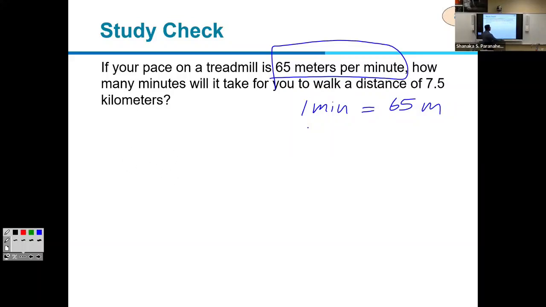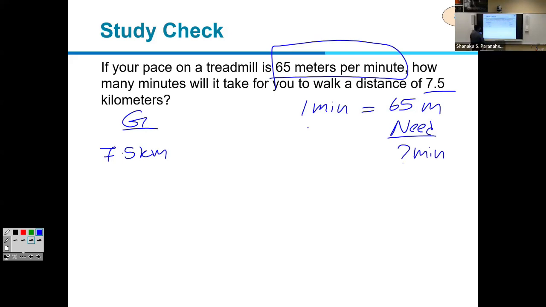So this is going to be a starting point, the given value and its unit. Given is 7.5 kilometers and need is time in minutes. So how many minutes will it take? That's the required unit.